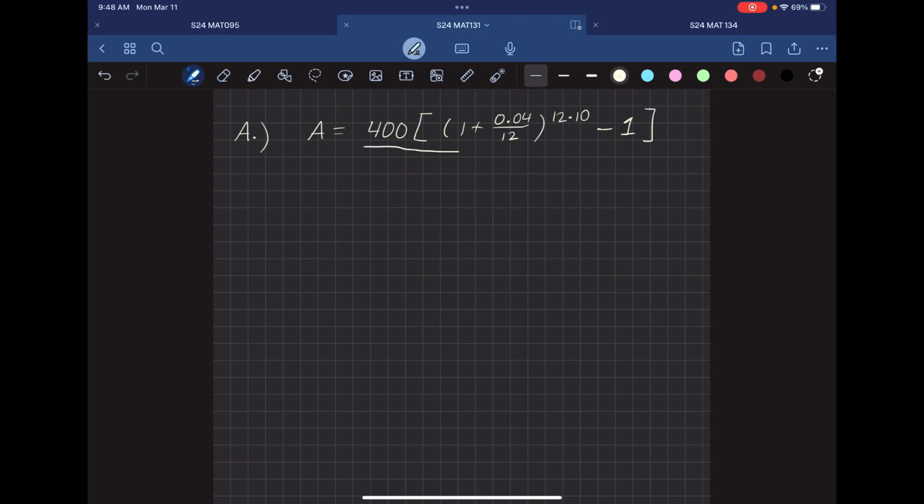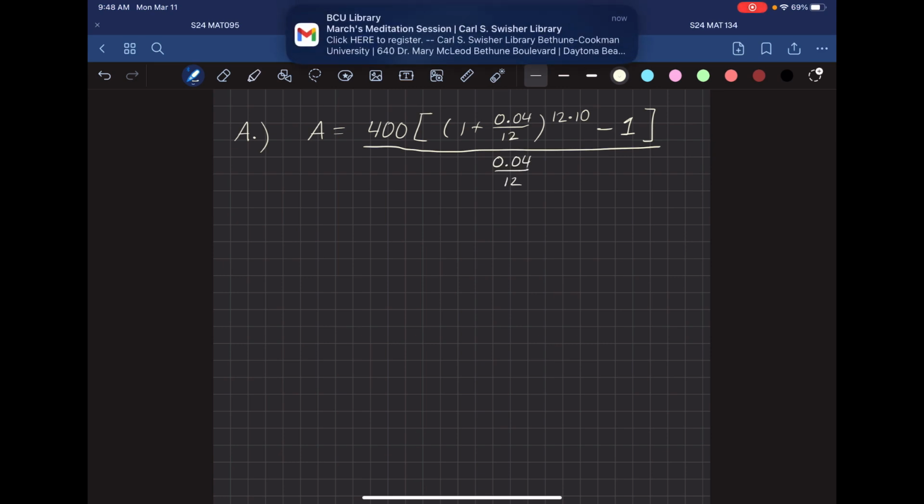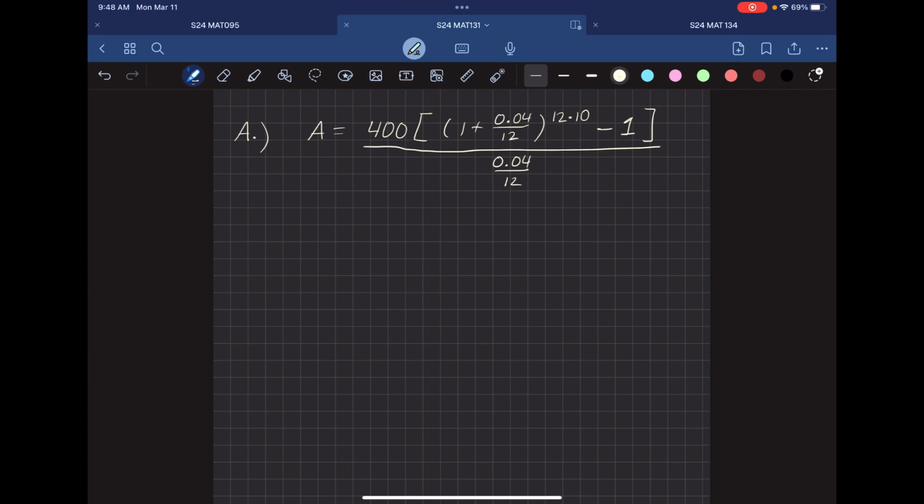The minus 1 is always there in the formula. And then we divide by 0.04 divided by 12.